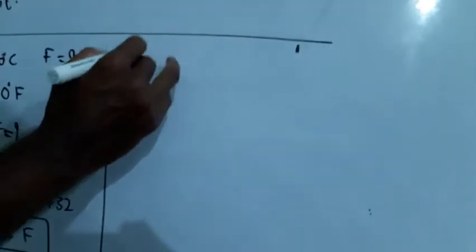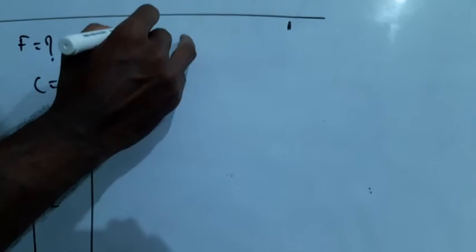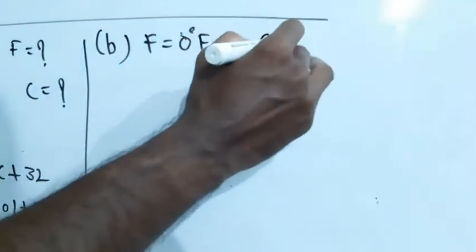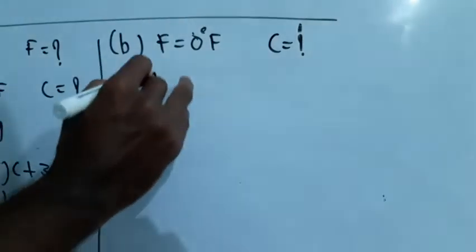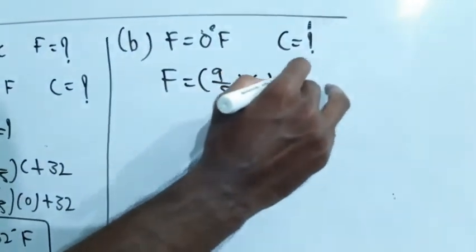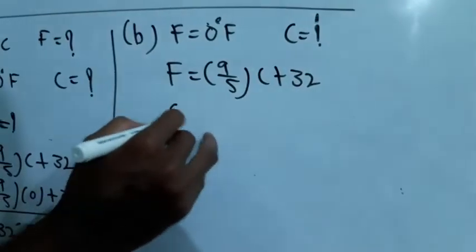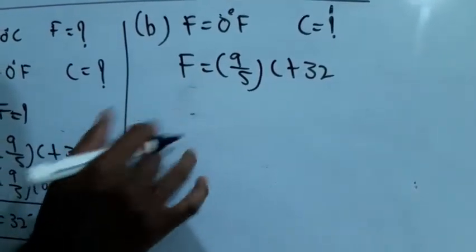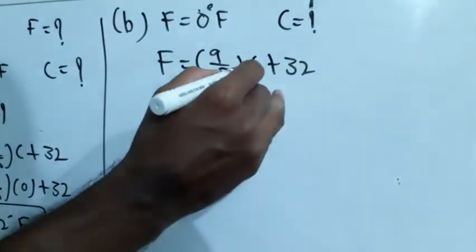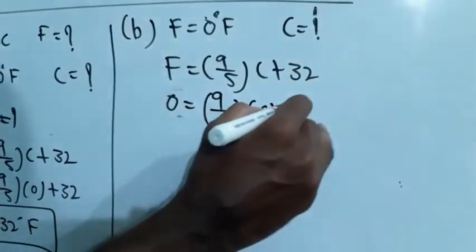So for the second case, B, F is equal to 0 degree Fahrenheit, then C is equal to what? F is equal to 9 by 5 into C plus 32. In the second case F is equal to 0, and C we need to calculate.